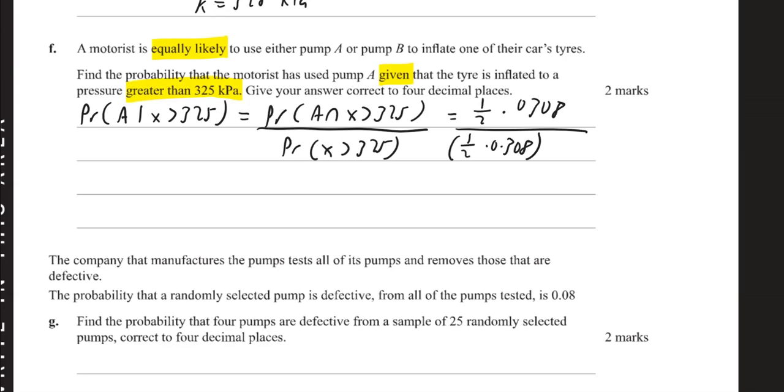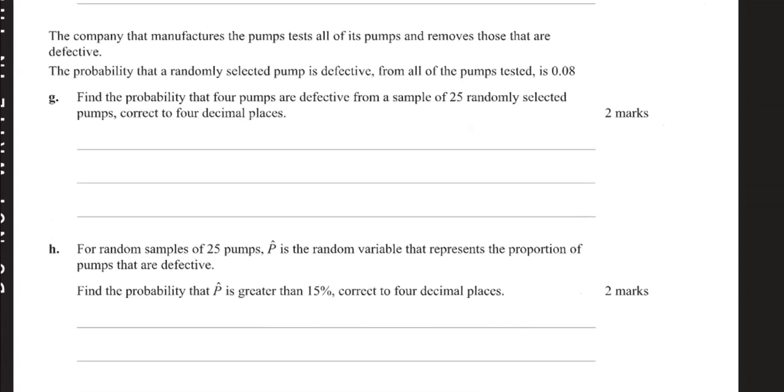That's the chance of A having greater than 325 pressure, added to B's chance, which is half times 0.261. To get this value, you can just use the integral from 325 to 330 of f(x) dx. Once you simplify that fraction, you get 0.5411. That's part F.